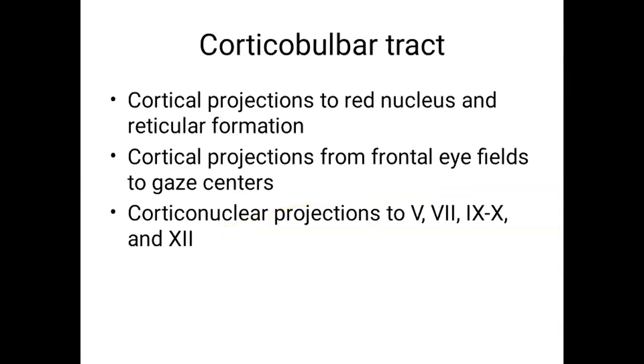The next tract: as I told, the pyramidal tract is of two types, corticospinal and corticobulbar. Here the cortical projection ends either at the red nucleus or the reticular formation, and they project to the various cranial nerve nuclei: the fifth, seventh, ninth, 10th, and 12th cranial nerves.